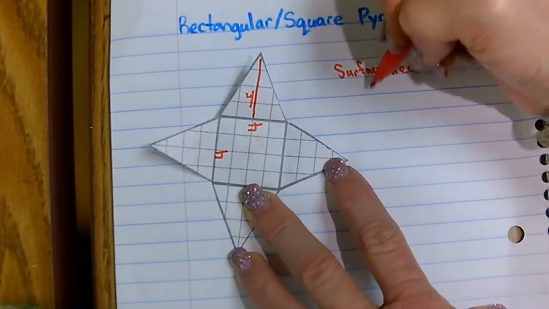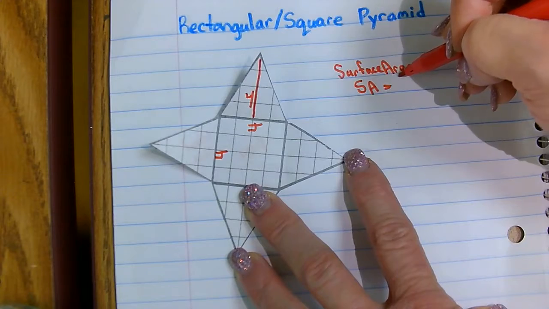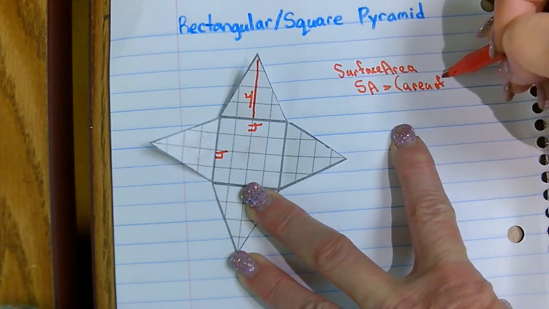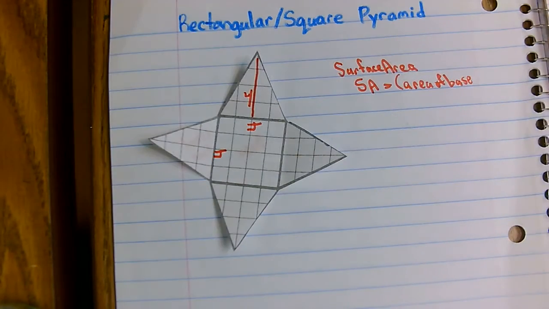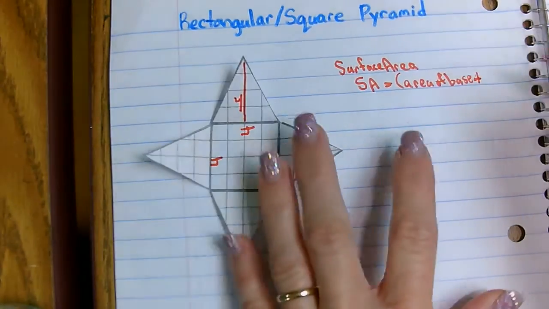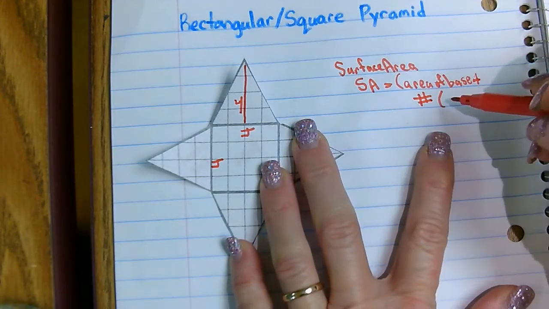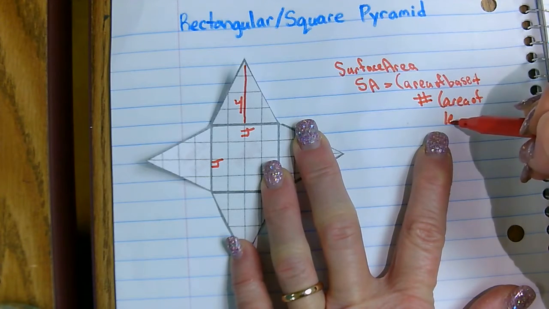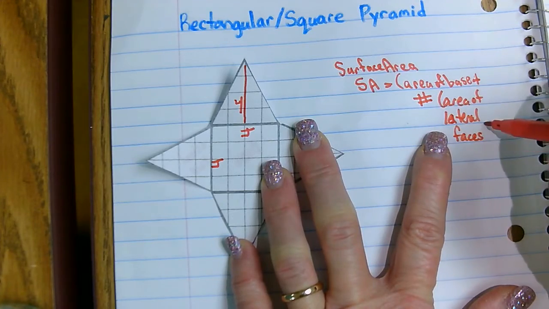That is SA equals area of the base, and then it's the area of the base plus the, I'm going to put it under here, number times area of lateral faces. Okay?